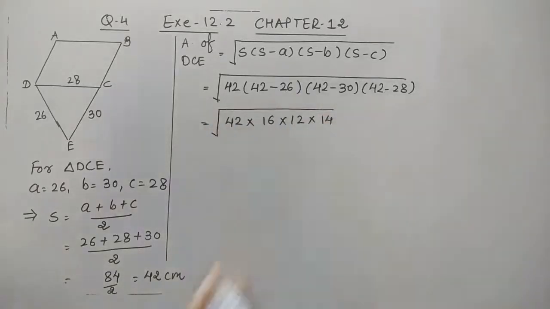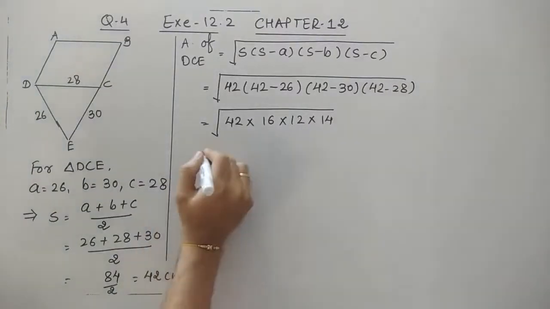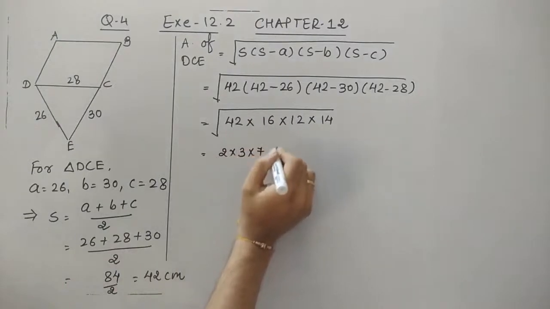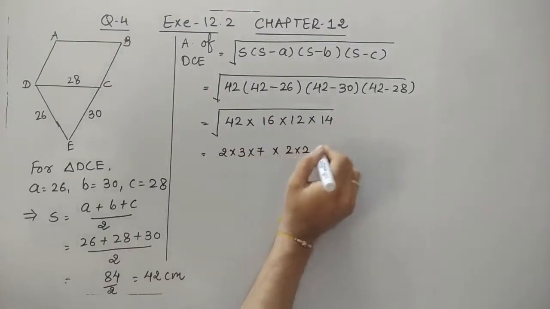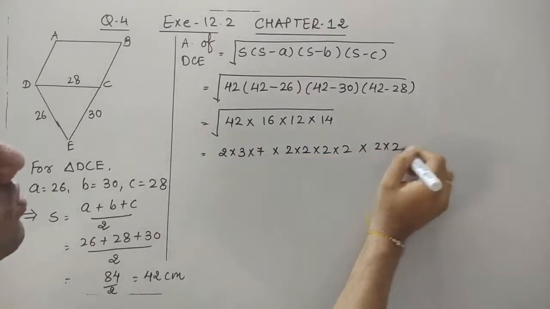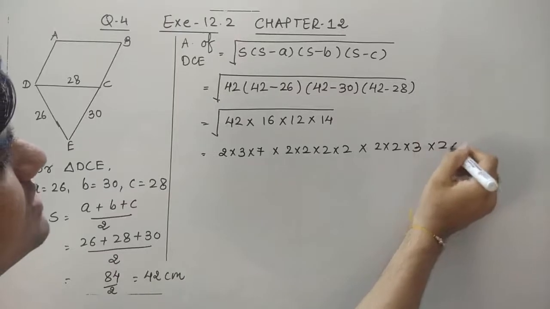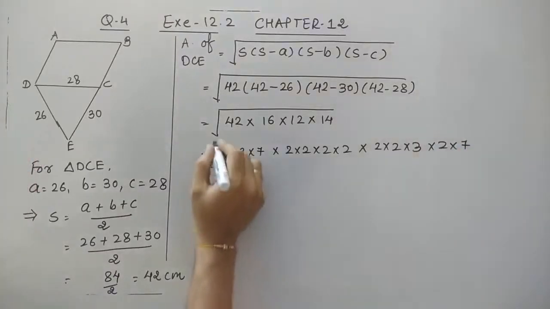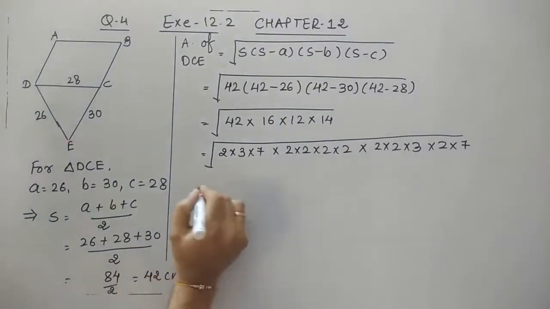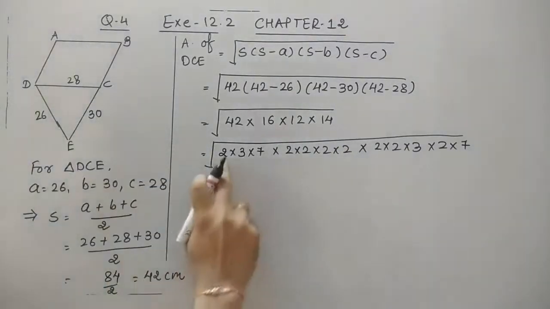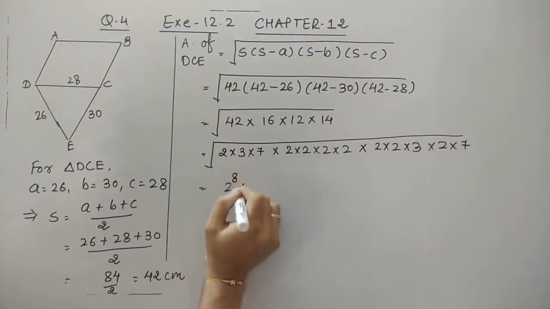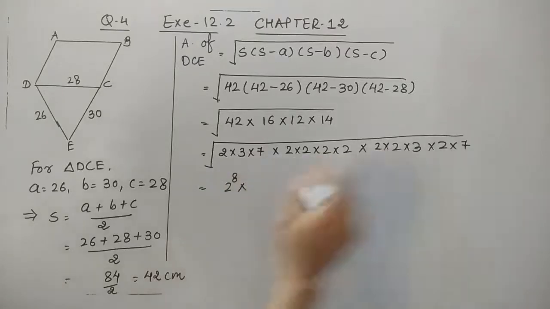Let us find out the prime factors of all the terms to get the square root. 42 is 6 sevens, so 6 is 2 into 3 into 7. 16 is a perfect square, so we'll write 4 times 4, that is 2 to the power 4. 12 is 4 threes, 2 into 2 into 3, and 14 is 2 sevens. So thus we'll get the factors of all the numbers. Now let's see how many times 2 is there, how many times 3 is there. It's 1, 2, 3, 4, 5, 6, 7 and 8. 8 times 2 is there. 3 is just 2 times.